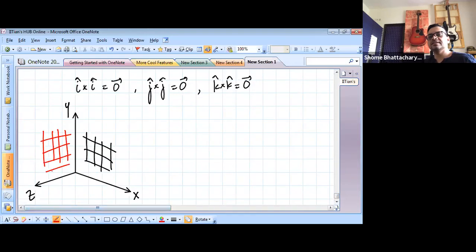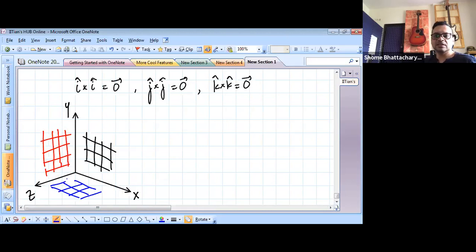The XZ plane, for example, is the floor of the room, which is mutually perpendicular to both these walls. So you get a system of mutually perpendicular planes, XY, YZ and ZX, formed by the mutually perpendicular axes.